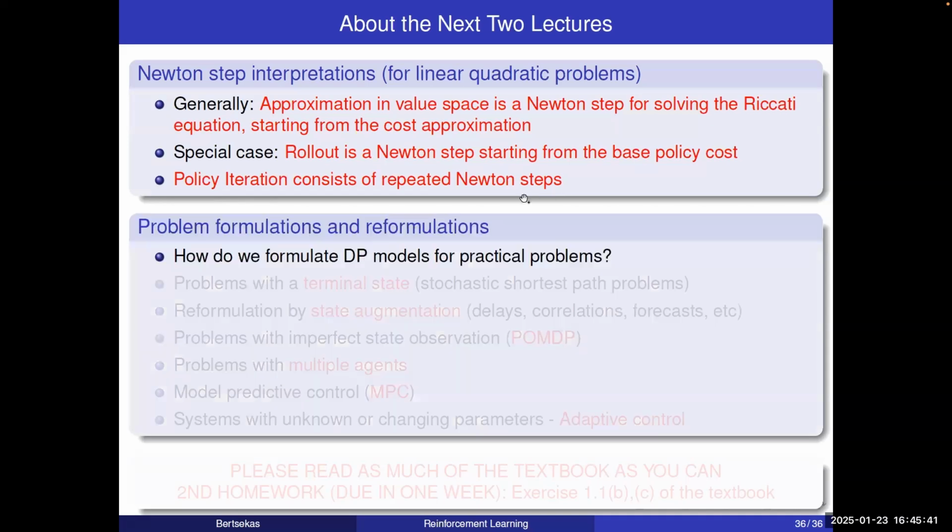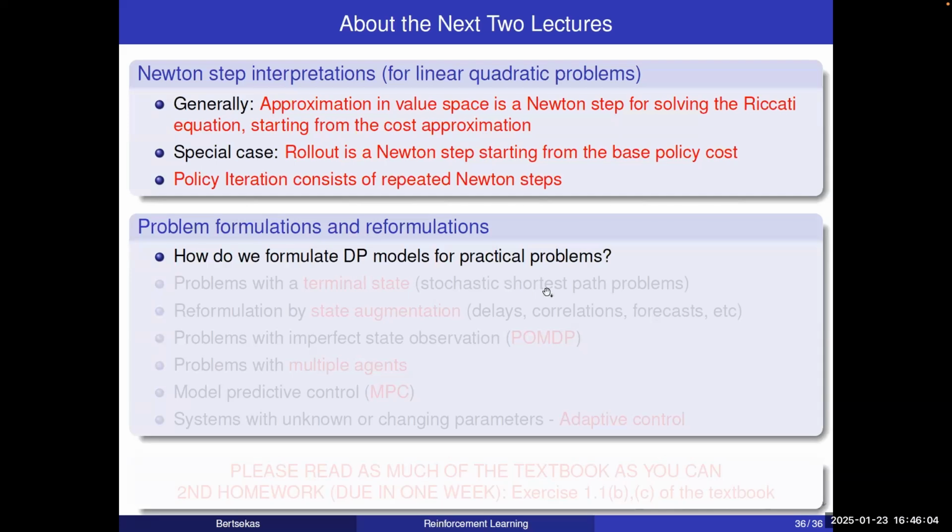In the 4th lecture, we're going to focus on problem formulation and reformulation. So dynamic programming, despite being a very useful and broadly applicable tool, part of the art is how to formulate a practical problem as a dynamic programming problem.